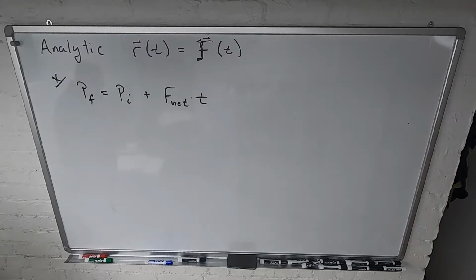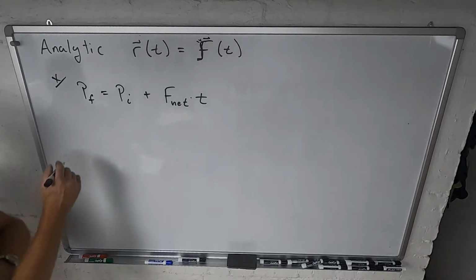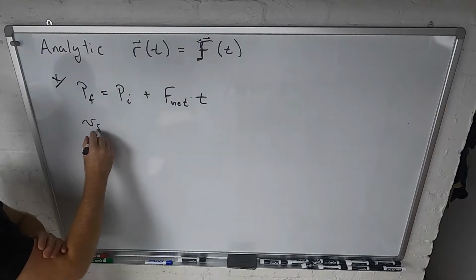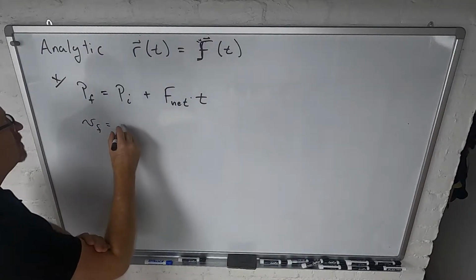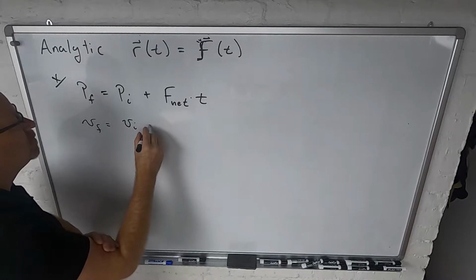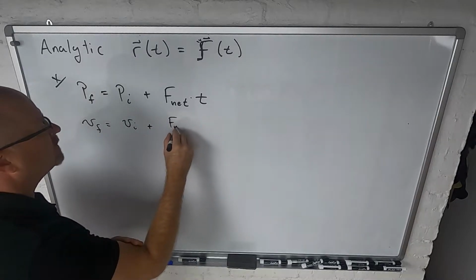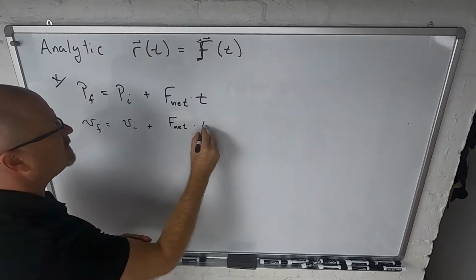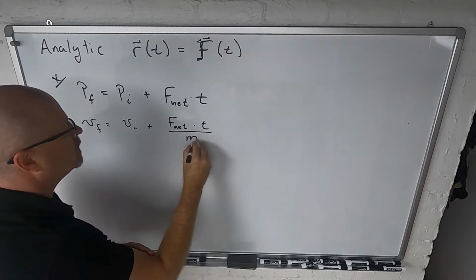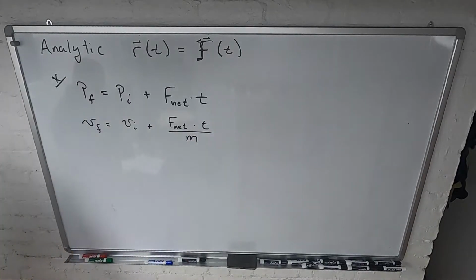Okay. So now what I can do is I can go in and I can solve for the velocity. V final equals V initial plus F net t over m. I just divided out my m's to get me velocities.